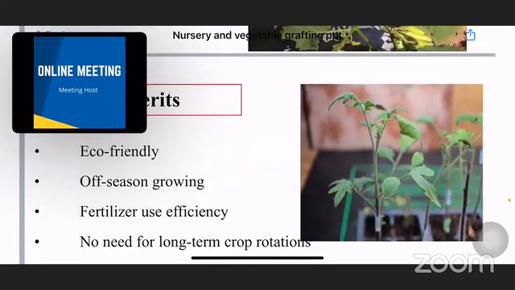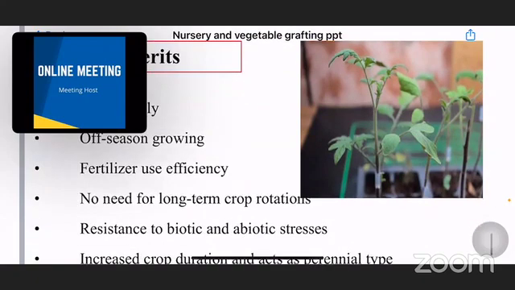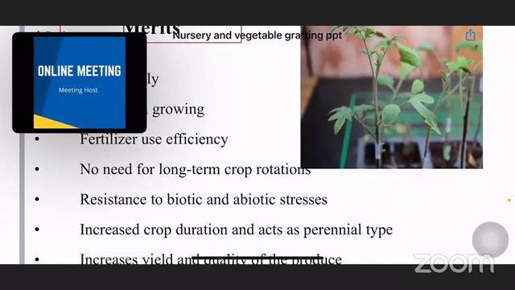Here we can prepare the rootstock and seedlings in the nursery, right? Fertilizer use efficiency is also very good in these grafted plants, and there is no need for long-term crop rotations, because the rootstocks are very resistant to soil-borne pathogens.